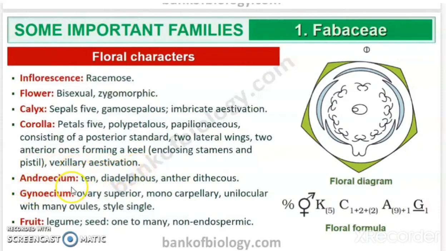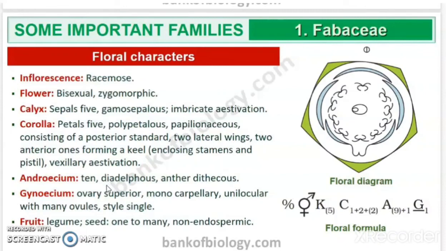Now coming to androecium. There are about 10 stamens. Androecium are 10 in number and they are diadelphous, right? We learnt about adelphous, we have learned diadelphous and polyadelphous, right? So what is this adelphous? The stamens in a flower may either remain free or may be united in varying degrees.